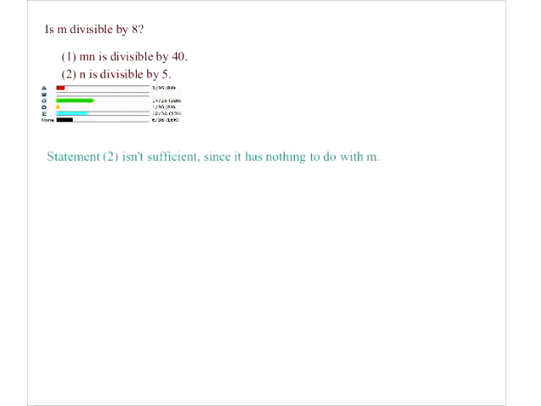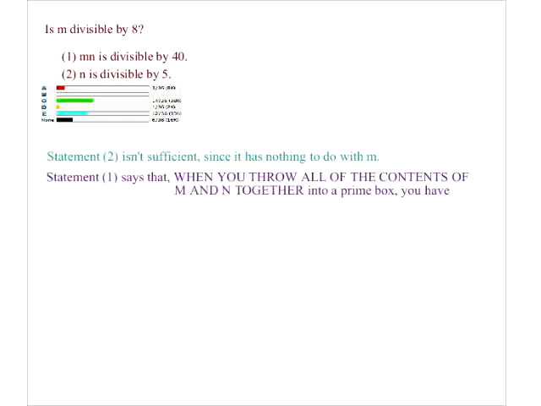Statement 1 says that when you throw all of the contents of m and n together into a prime box, you have 40, which is 4 times 10, which is 2 times 2 times 2 times 5.